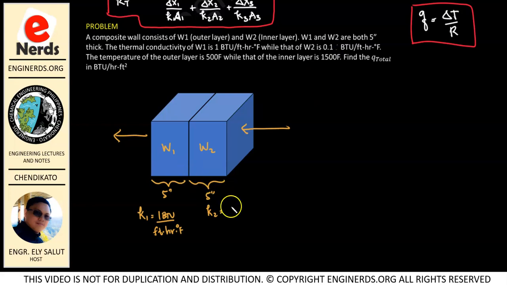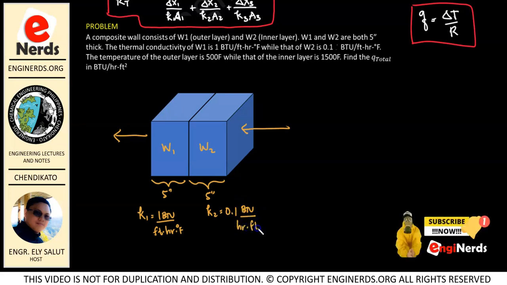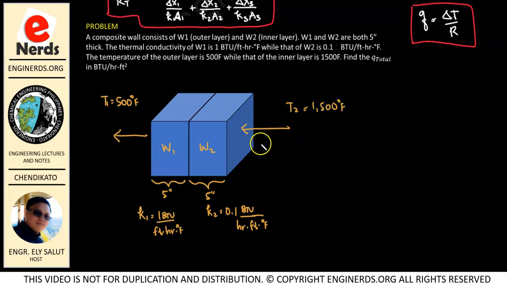So we have 0.1 BTU per hour feet and degree Fahrenheit. So our thermal conductivity is given. Now, the temperature of the outer layer, which is this W1, is given. So our temperature in our outer layer is 500 degrees Fahrenheit. And our temperature on the inner layer, which is our T2 here, is 1,500 degrees Fahrenheit.